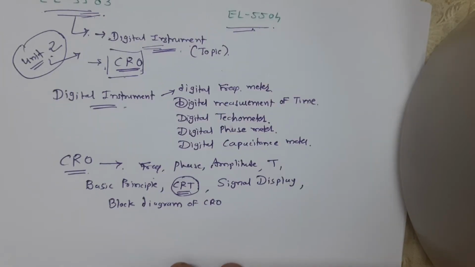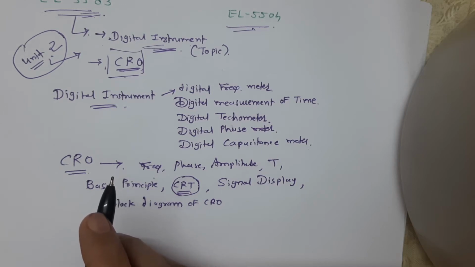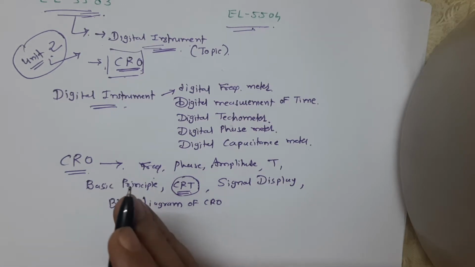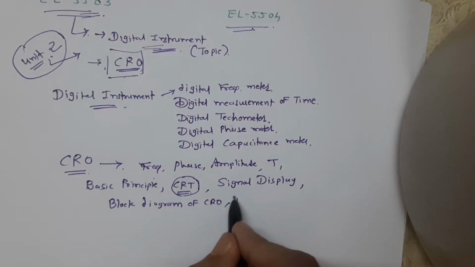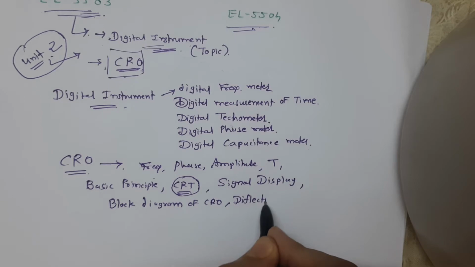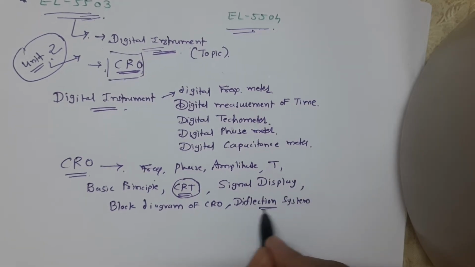That means from start to end, how the beam of electrons comes and finally strikes the screen of the CRO, we will discuss with the help of the block diagram of the CRO. Then we will discuss the deflection system used in the CRO.